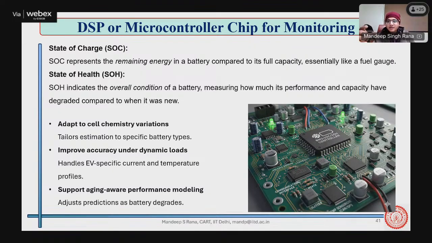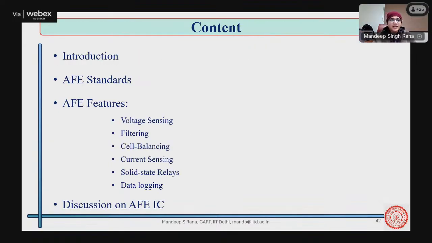But based on the number of series and parallel cells, if you design something like a 12S12P AFE card, and you have your own microcontroller and code setting there, you can easily reconfigure it for an 8S8P sort of system, and that gives you customizability. That's why you should make your own product. That's why you should make your own card. And that's why this discussion, which is implementation on the hardware side.